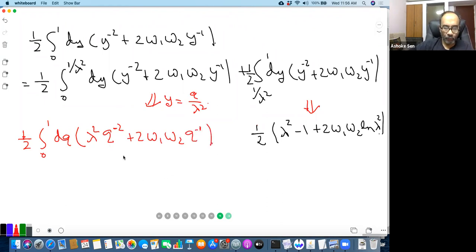And now you follow the rules that we had given earlier. You see this is like q to the power minus 1. So that's like coming from an L0 equal to minus 1 state that you can recognize as the tachyon intermediate state. And so the rule that you had given is to replace this integral, integral 0 to 1 dq q inverse q to the minus 2 by minus 1. So the first thing is lambda square times minus 1.